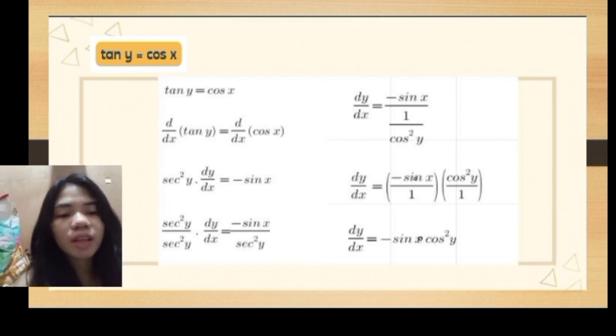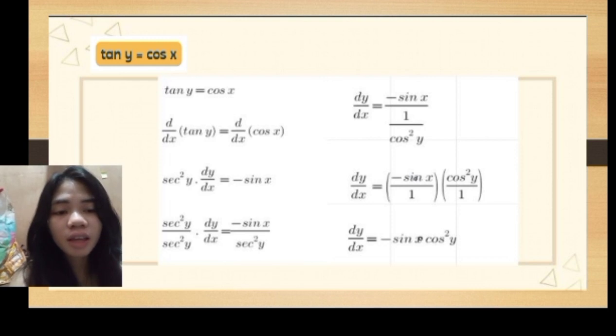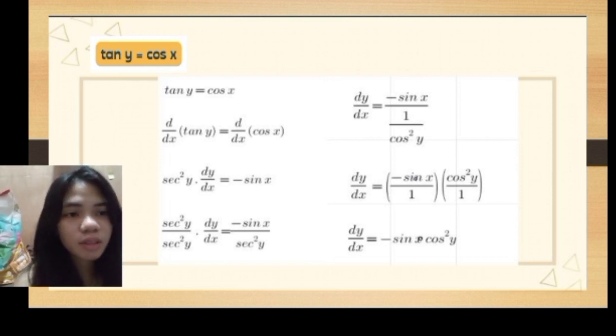Then simplify the left side of the equation. dy over dx equals negative sine x times cosine squared y. So the final result is dy over dx equals negative sine x times cosine squared y.